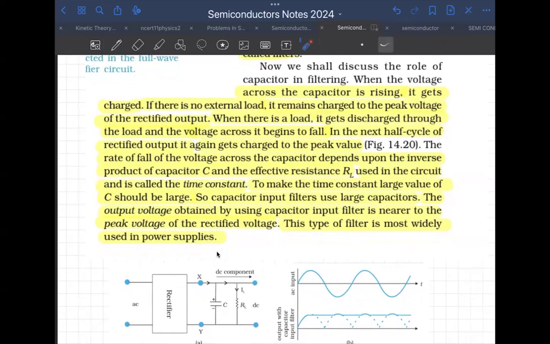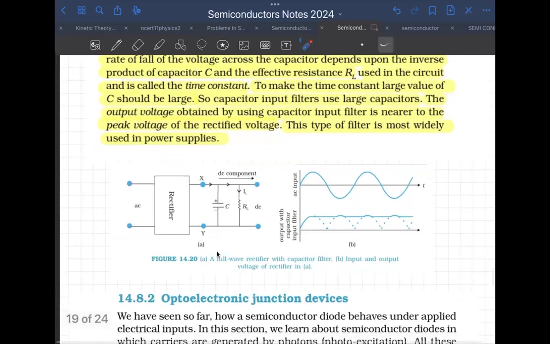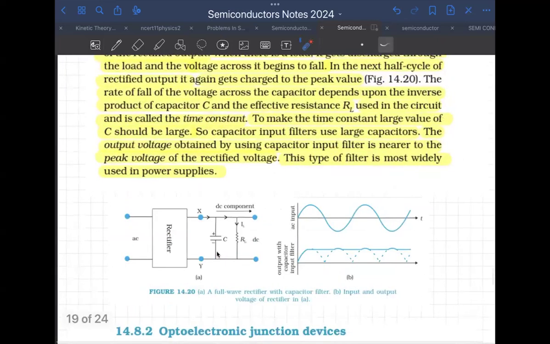That is how I can smooth the voltage output. So such a rectifier uses a capacitor as a filter circuit. This entire highlighted area is very important. So why do we use larger capacitors? I have given the reason. This is what NCERT has mentioned. This is one important aspect which you need to remember.